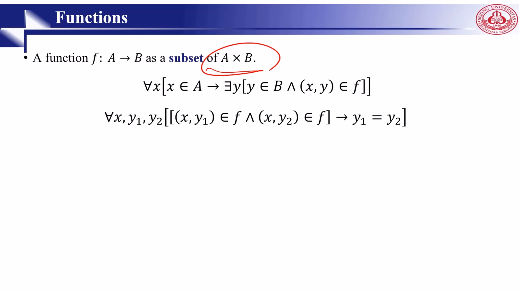Specifically, a function from A to B contains one and only one ordered pair (x, y) for each element x in A. So for all x in A, there exists y in B such that (x, y) is in the Cartesian product. Or you can say, for all x, y1 and y2, (x, y1) in f and (x, y2) in f implies y1 = y2.